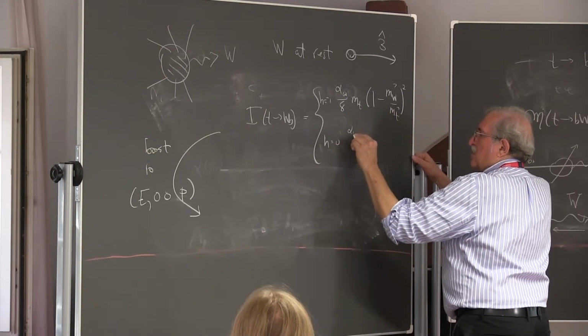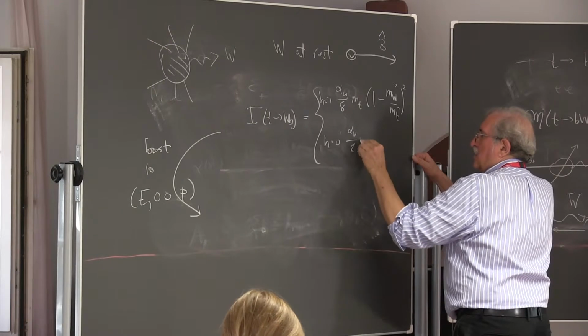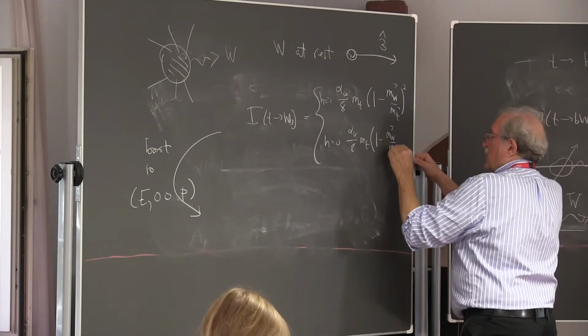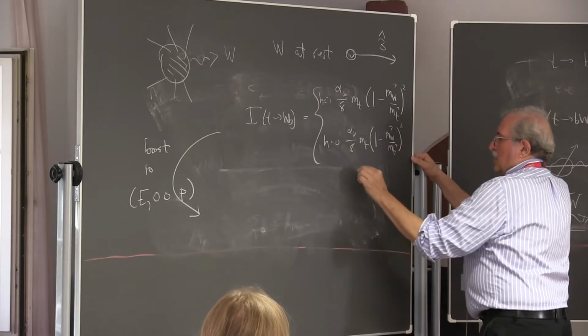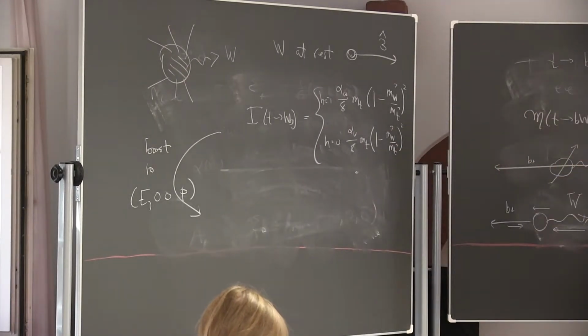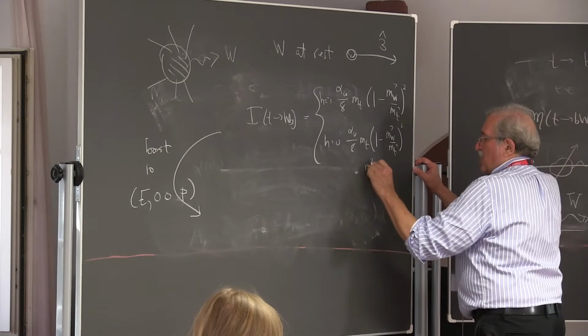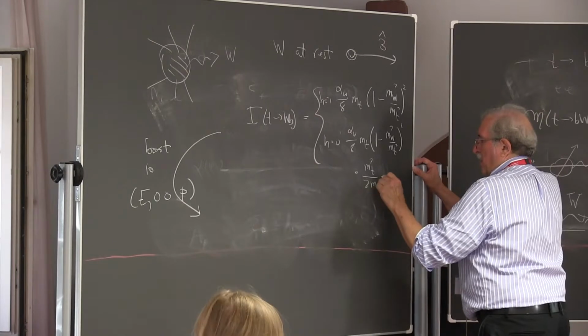For helicity 0, alpha w over 8 mt times 1 minus mw squared over mt squared times an extra factor of, which is just the one that we found here, mt squared over 2 mw squared.